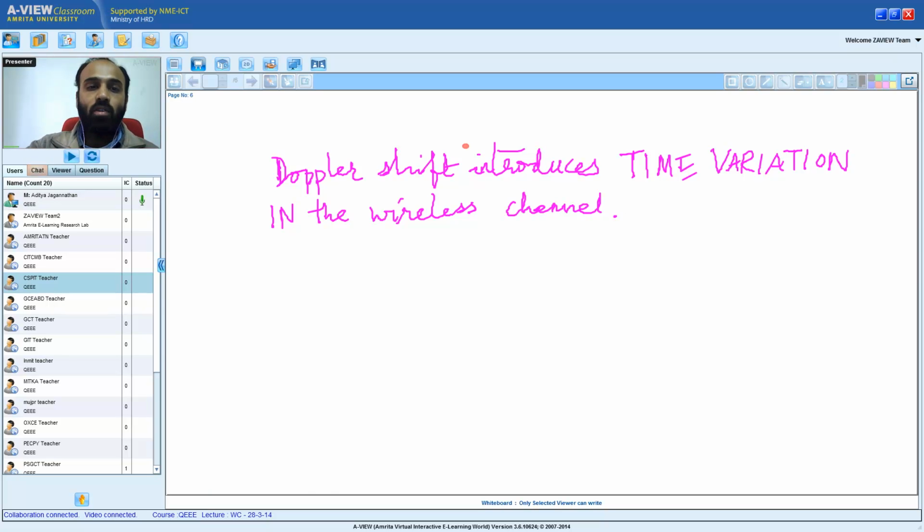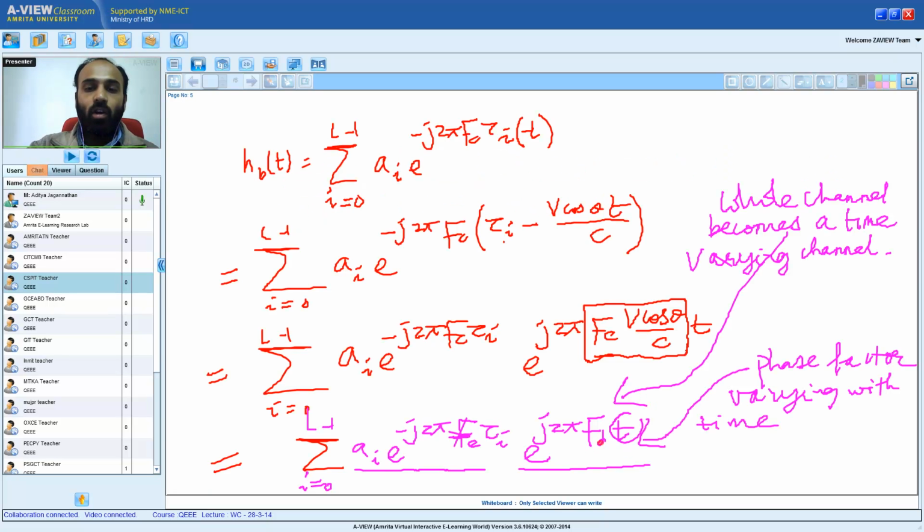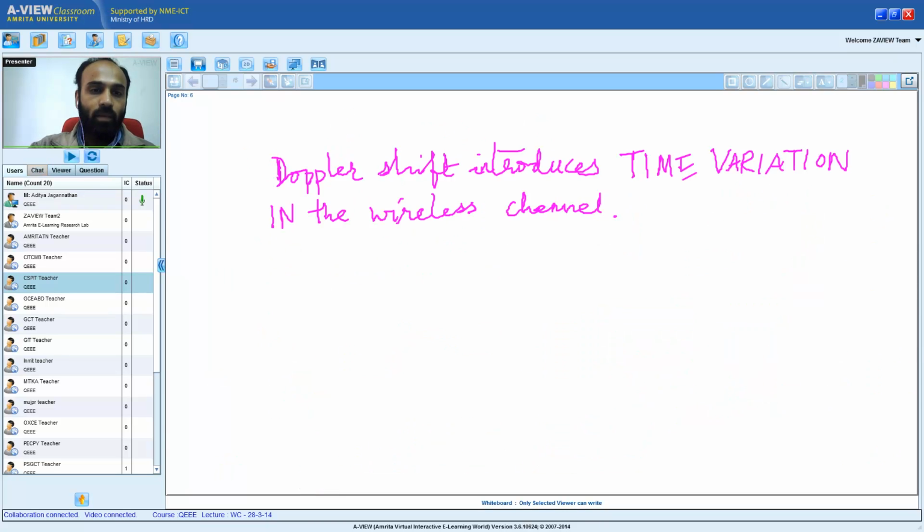And how fast or slow is the variation? If the Doppler shift is high, is the variation high or is the variation low? If f_d is high, what can we say about the rate of variation?